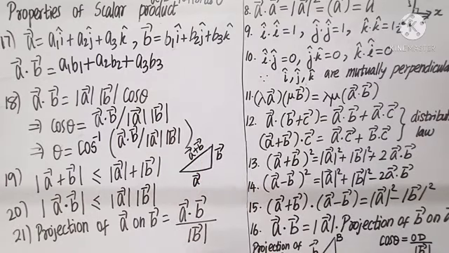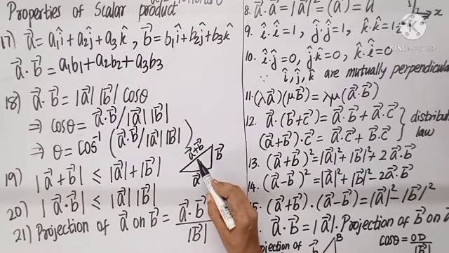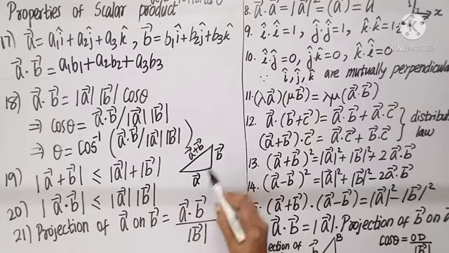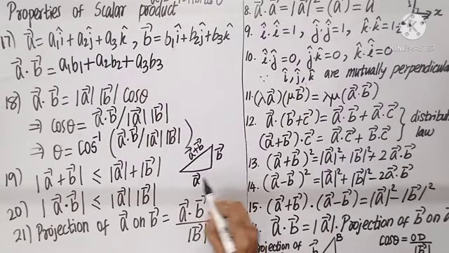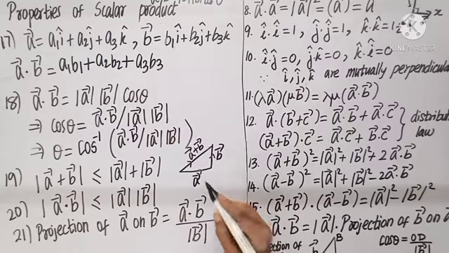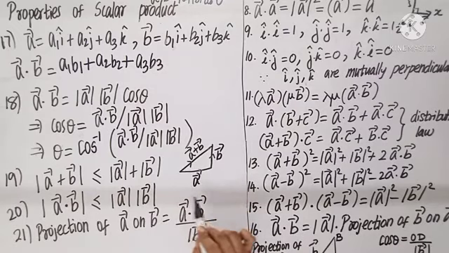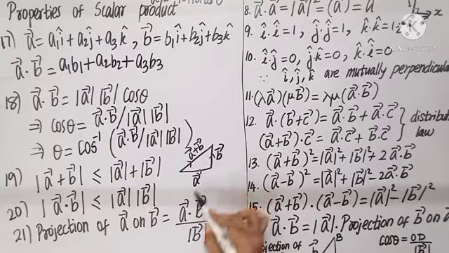But we know the length of the third side is obviously less than or equal to the sum of the other two sides. This we call the triangle inequality. So when I say vector notation, I simply add them. But when I say modulus, I mean the length. The length of the third side is definitely less than or equal to the sum of the lengths of the other two sides.